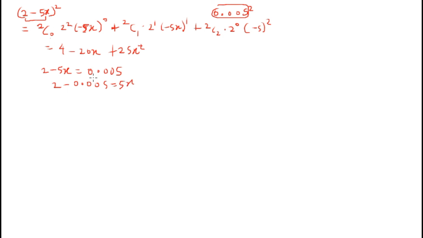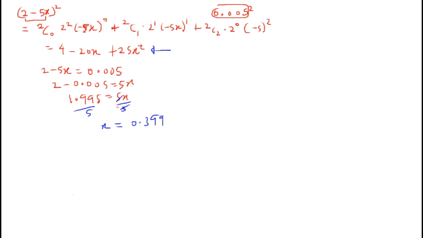By subtracting 0.005 from both sides, 2 minus 0.005 is 1.995, which is equal to 5x. Then if we divide both sides by 5, we should have x equal to 0.399.